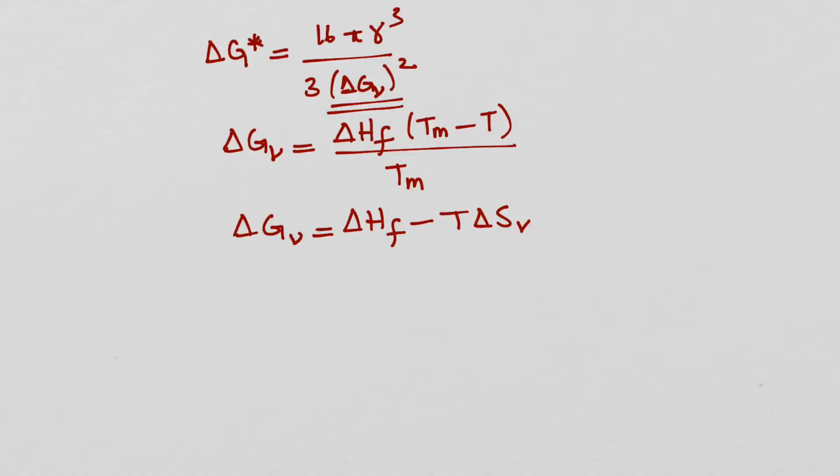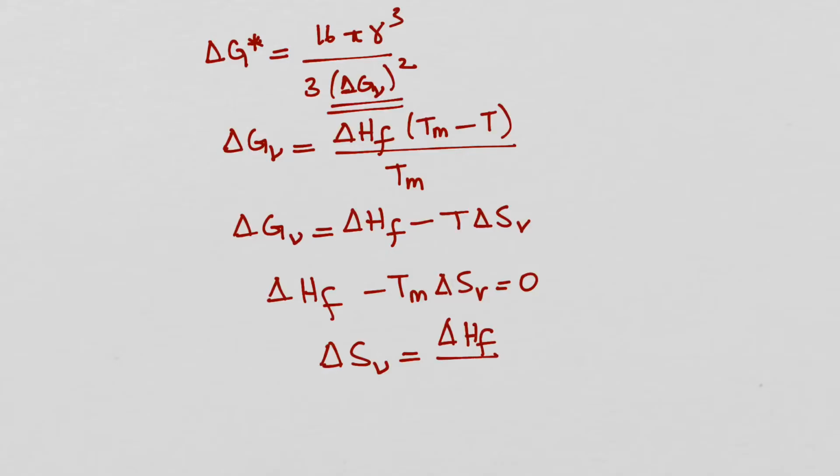Therefore, the free energy change at the melting temperature is actually 0. So if I set this to 0, because that's the known value at the melting temperature, I can solve this to figure out what the entropy change is. This is V. So if this is the entropy change, from a known equation, then I can plug this into my equation here.